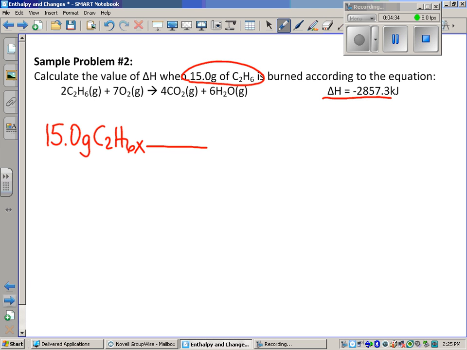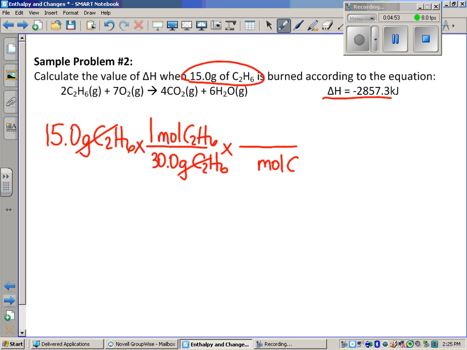C2H6. We're going to convert first into moles. So for every 1 mole of C2H6, we have 30 grams of C2H6. Okay, that's the part we've been used to doing. Now it's our new conversion, because I need to go from moles of C2H6 into kilojoules. The kilojoule value comes from the delta H. Notice we're using kilojoules.